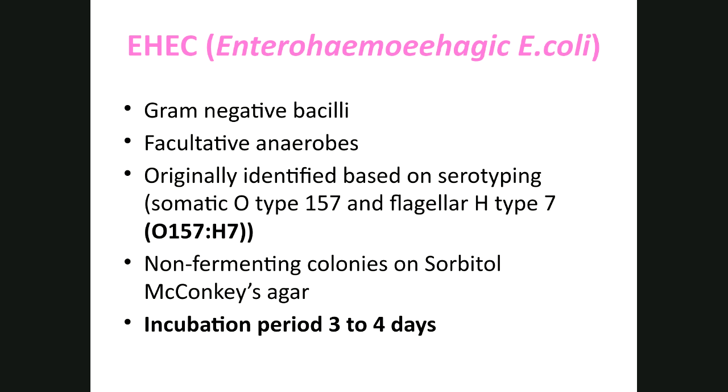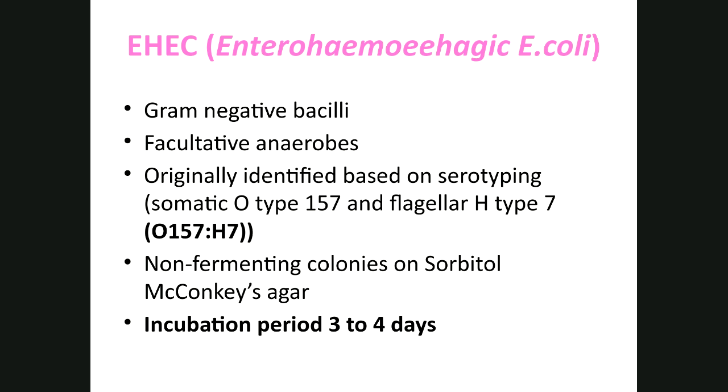Now, like all the other members of Enterobacteriaceae, the organism has a capsule, and this capsule has certain antigens, and they are known as somatic O antigens. And then there are antigens on the flagella which are known as the H antigens.